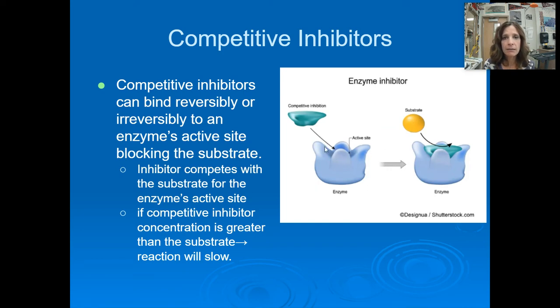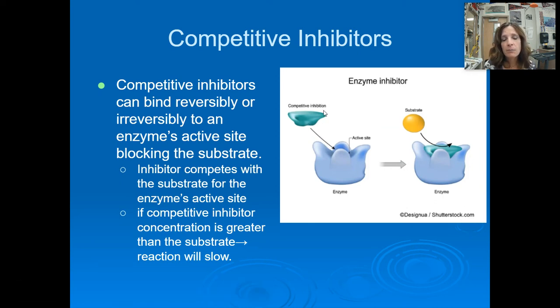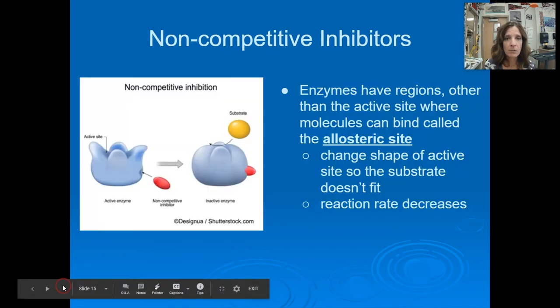So it's competing for that active site, which is why it's called a competitive inhibitor. They can bind reversibly or irreversibly. And like I said, if the competitive inhibitor is bonded to it, then the substrate can't bond to it. So if you have a high concentration of these competitive inhibitors, then the substrate can't bind to it and the reaction will slow. And sometimes the competitive inhibitor can be the product, which we'll talk about in just a minute.